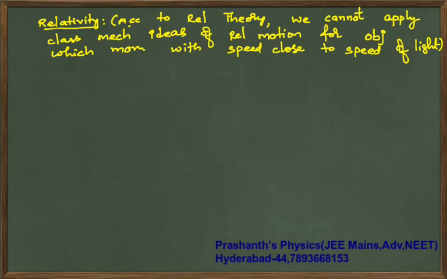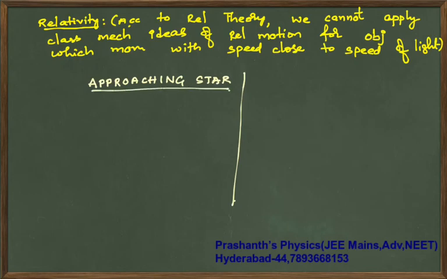So to overcome this, we are talking of big stars, such kind of stuff. What you are going to do is broadly discuss this in two cases. One is an approaching star. For this you will apply the Doppler effect. You are standing on earth and the star is coming. So we are on earth, with an approaching star with respect to earth, and the other one is a receding star.